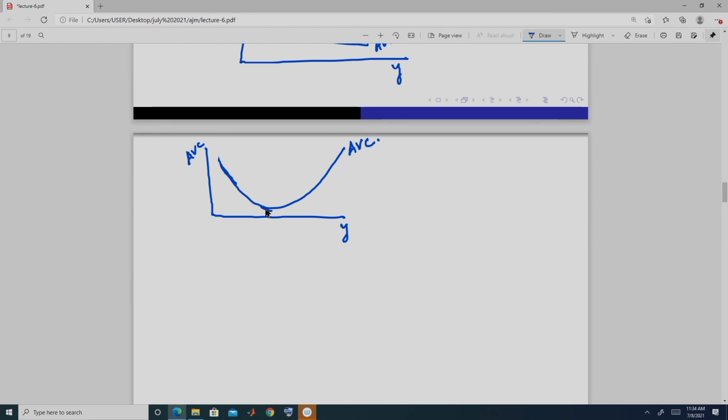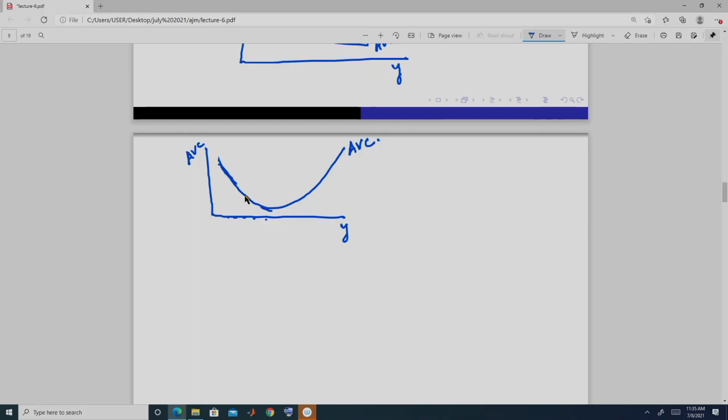Okay. And then what is happening is average variable cost is going down. As we go on increasing output, the cost per unit of output is going down, because we are employing less and less labor and capital to get the same additional amount of output. Okay?